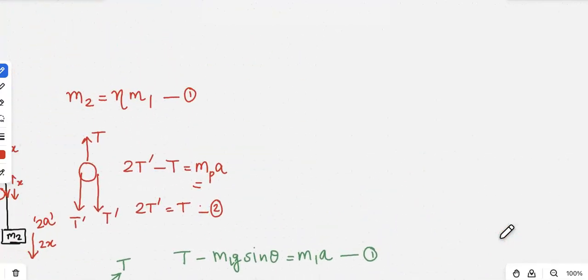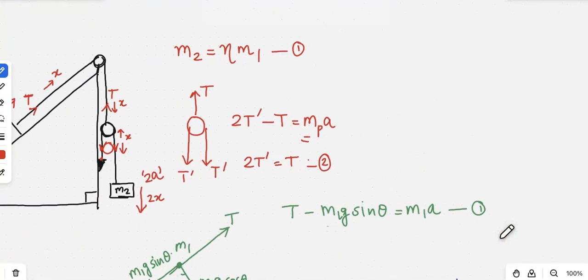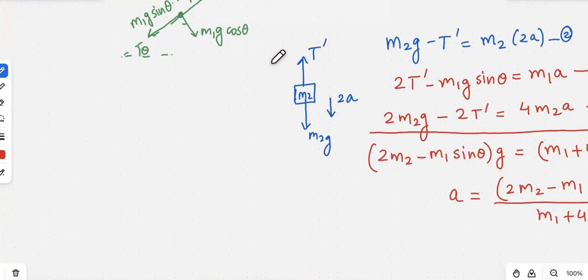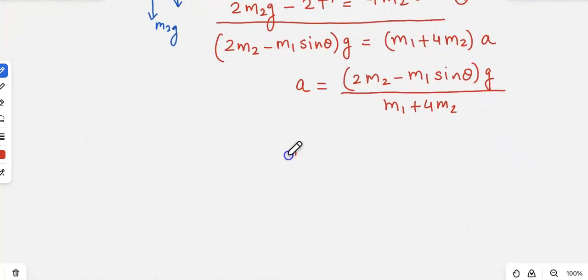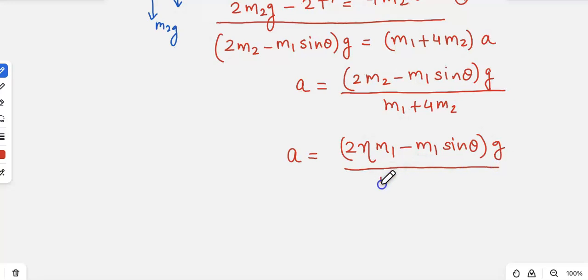Now the value of m2 has been given to be eta times m1. So let's put that value. A is equal to 2 times eta m1 minus m1 sin theta, multiplied by g, divided by m1 plus 4m2. Since m2 can be written again as eta times m1, you can take m1 out.